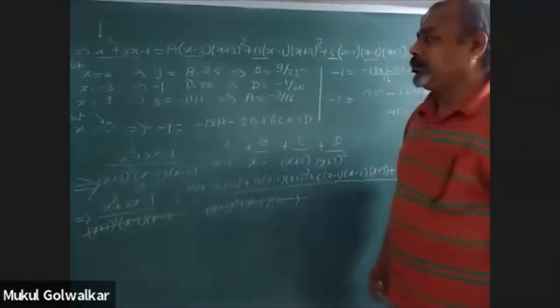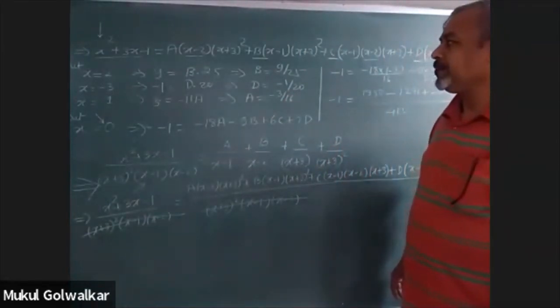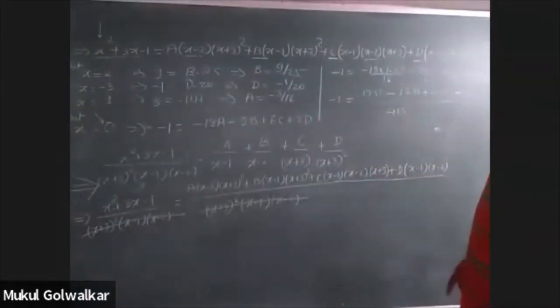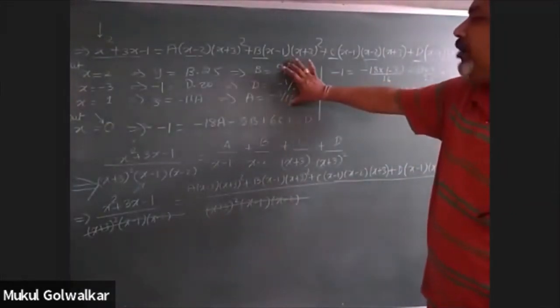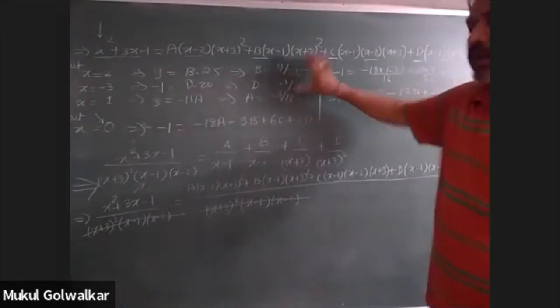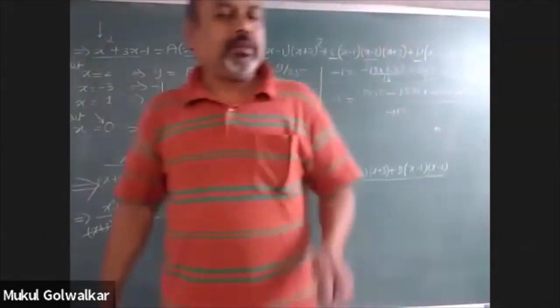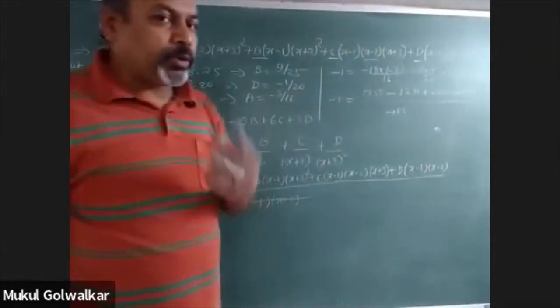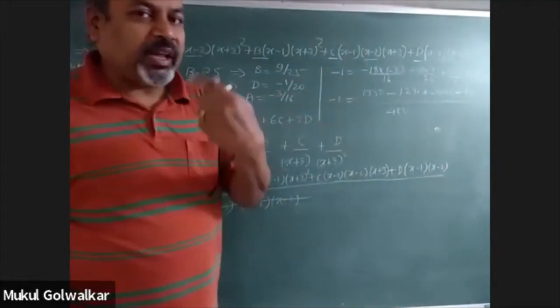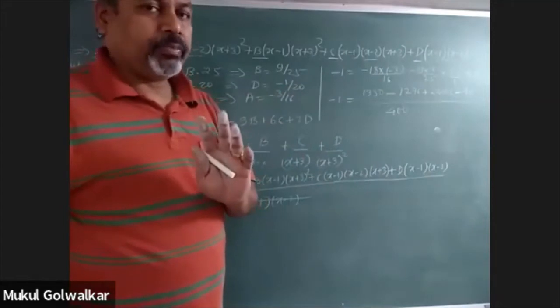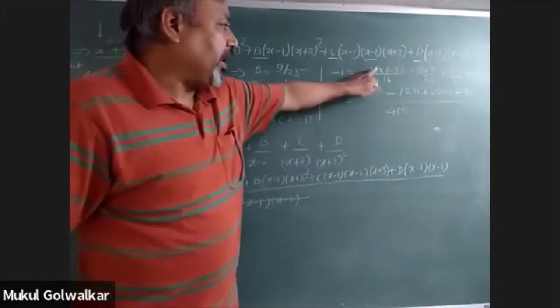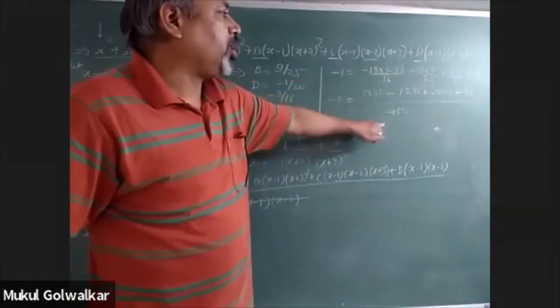So from there, c will be equal to minus of a plus b, and the values of a and b we are already having here. Now you see that this is a time consuming procedure. Whatever procedure you adopt, according to that you are required to spend the time. I spent this much time for calculation of c.